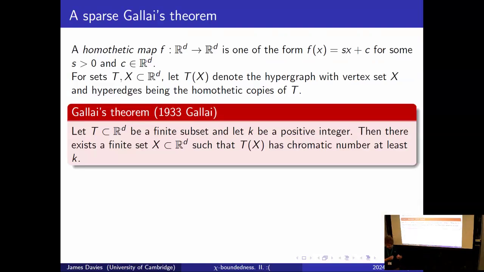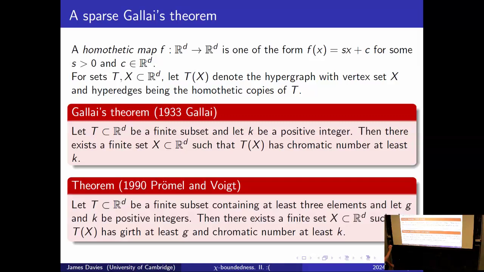For hypergraphs coming from Gallai's theorem, it makes sense that this would be helpful for some geometric variant of Tasks construction. But if we also want high girth, we need the hypergraph coming from Gallai's theorem to have high girth, and Gallai's theorem does not guarantee this. So what we need is a sparse variant of Gallai's theorem, which does exist.